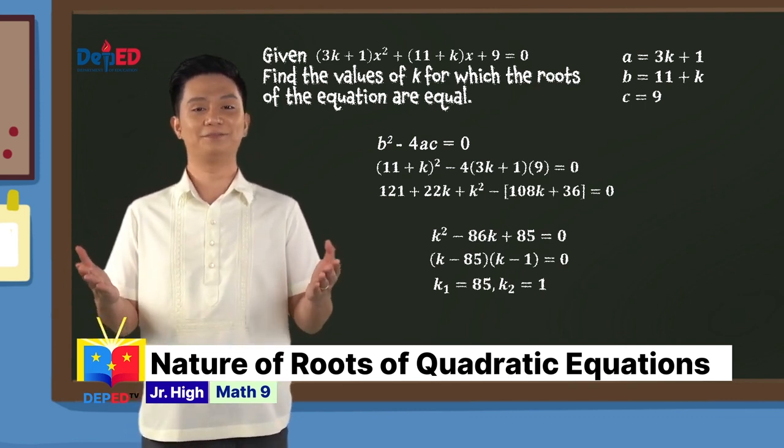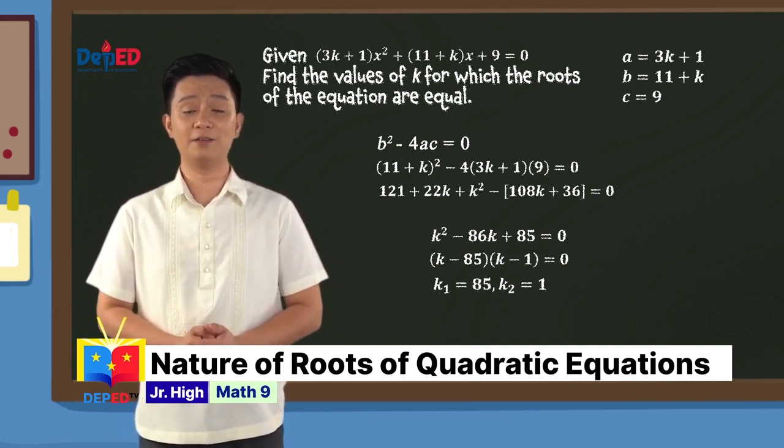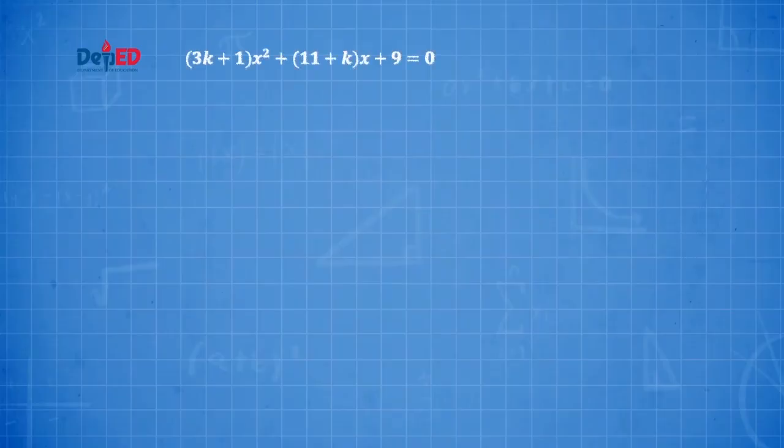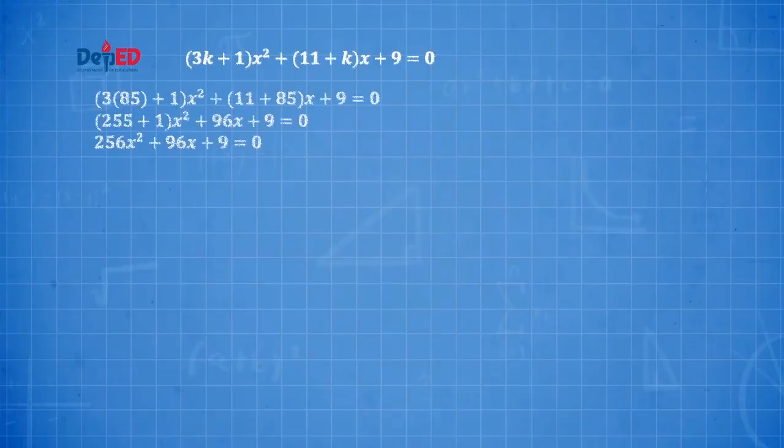Problem solved! Substituting the obtained values of k, the equation can be written as 256x squared plus 96x plus 9 equals 0 when k is equal to 85.